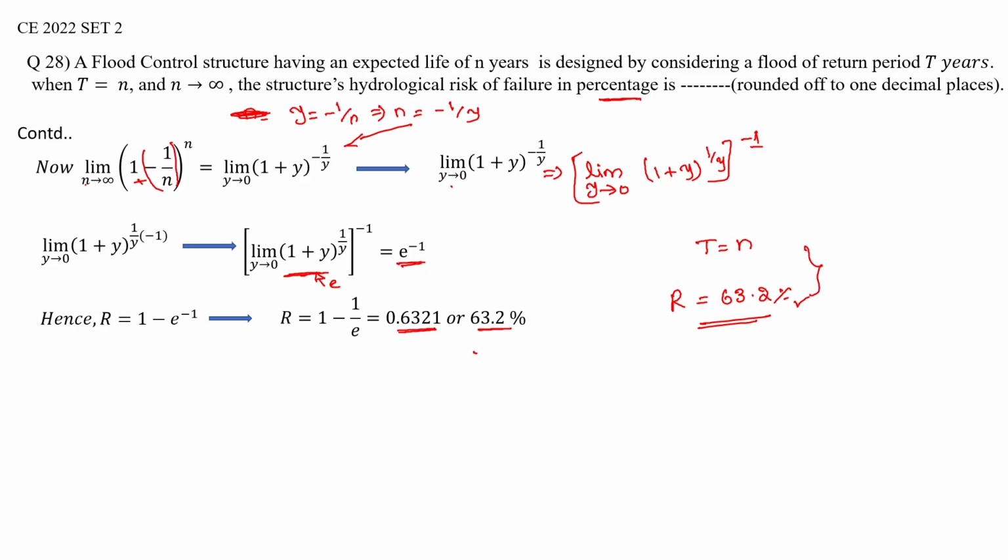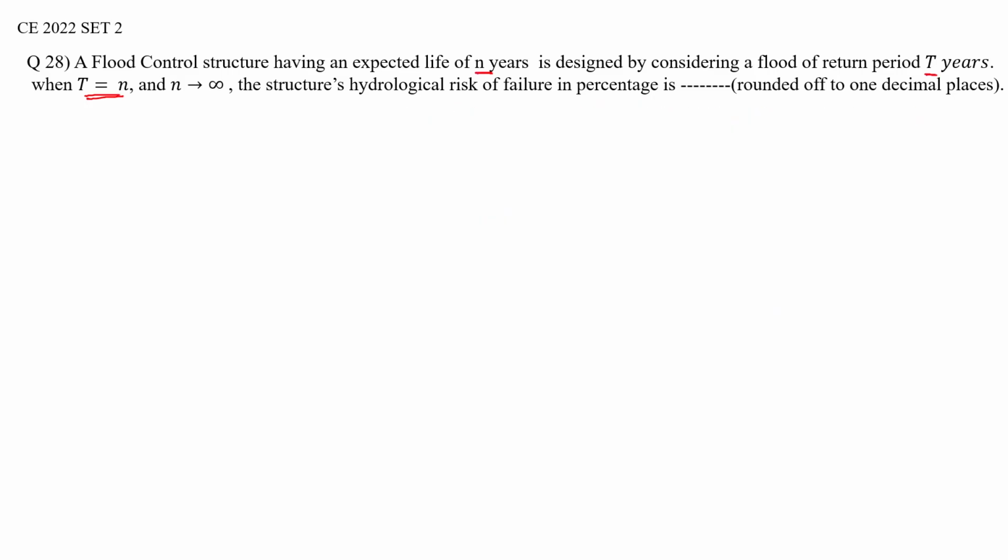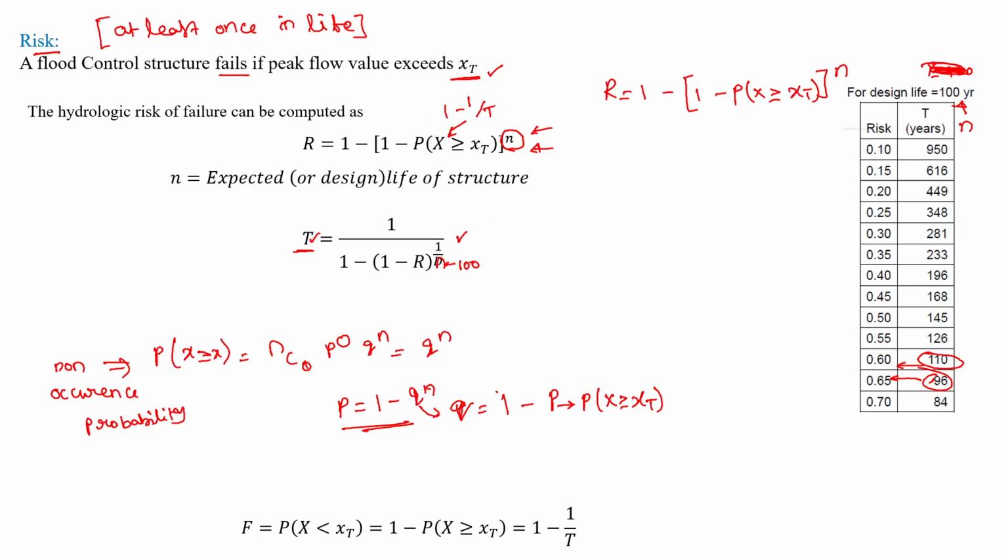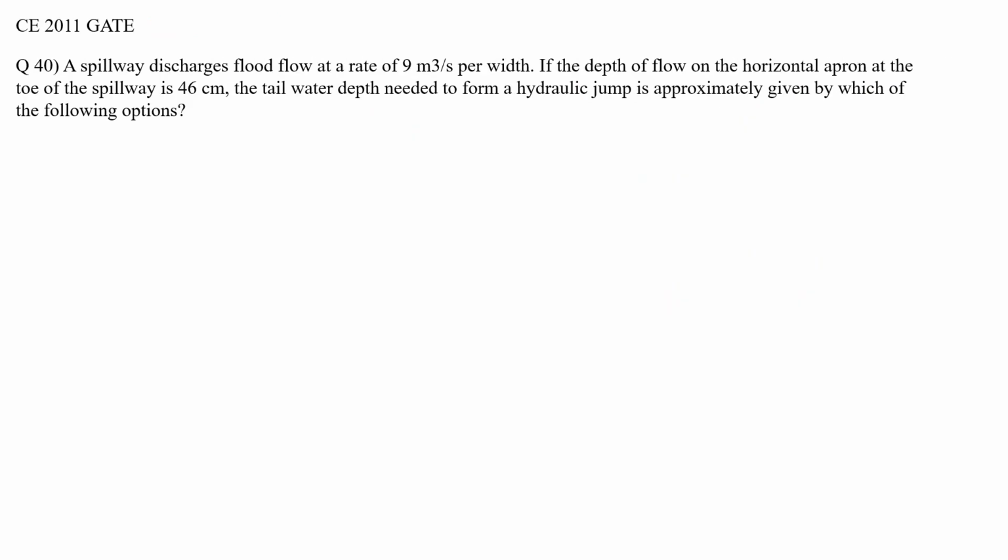This particular table depicts the same: as T becomes equal to n, the risk is increasing. Suppose if I calculate for 100 here, the value would be 0.63 only. So this is about risk.